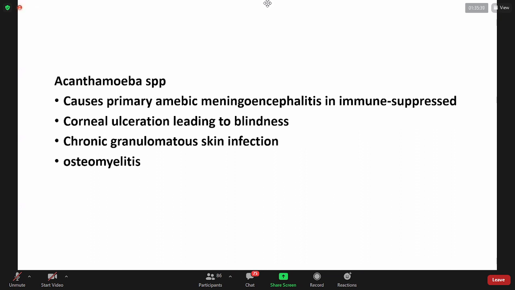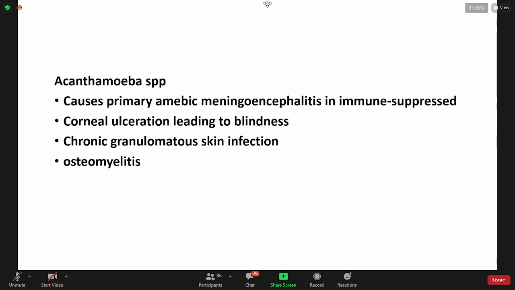The other opportunistic amoeba is Acanthamoeba. It also causes primary amoebic meningoencephalitis in immunosuppressed individuals. It can also cause ulceration of the cornea, leading to blindness, but it can also cause a chronic granulomatous skin infection.